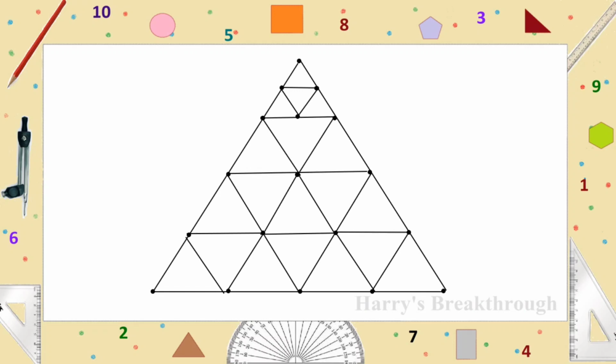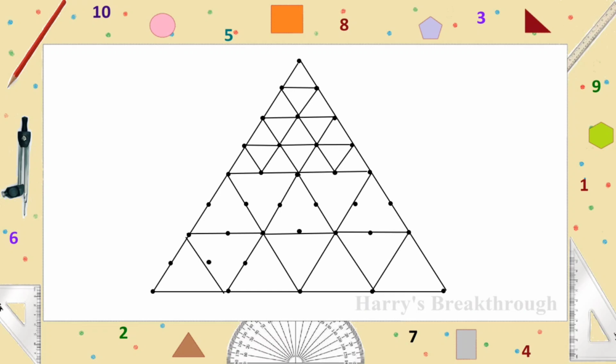Then you continue this process for all these small triangles. Here we got a point and then we made a triangle. The next triangle we have divided into 4 small triangles. Like this, you continue the same process for all of these triangles.